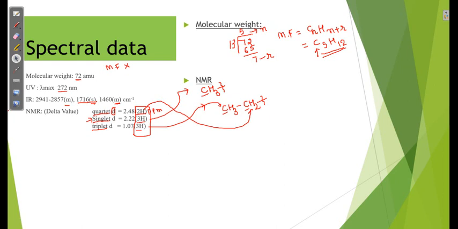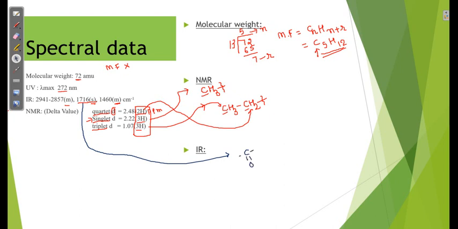So let us move ahead to the IR data we have. Based on IR we can say that a carbonyl group is present, near 1700, most probably a carbonyl group.